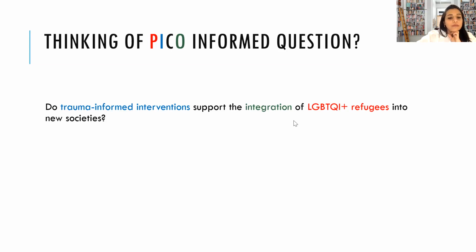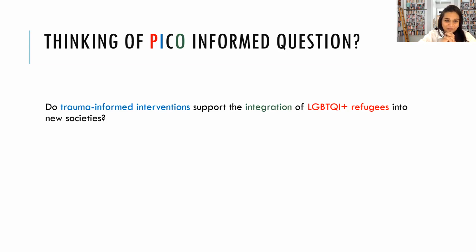So you are thinking of the population of interest, or the problem of interest. The population of interest is refugees with an LGBTQI plus background, that's the P. Then the intervention or the service. Nidhi has warned me not to talk about intervention, but to say more about services, programs, and support.